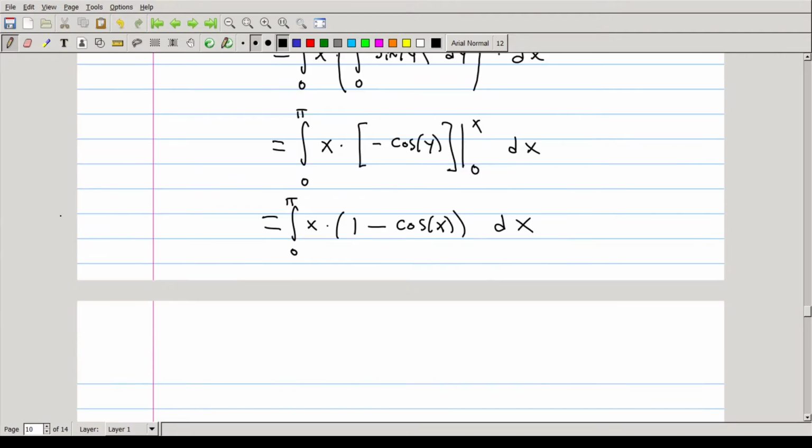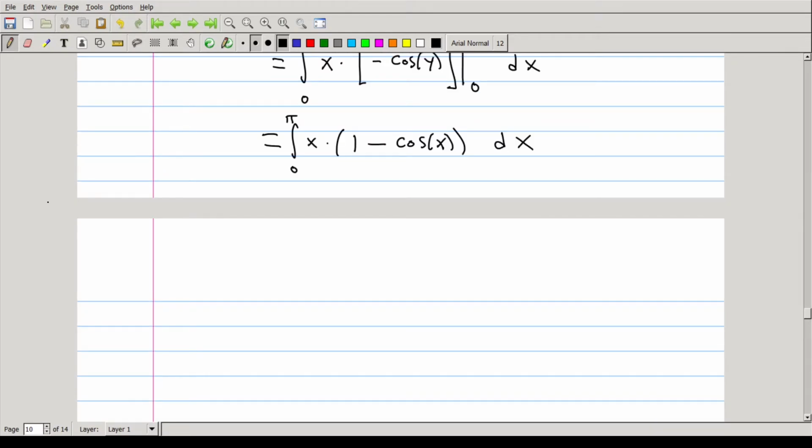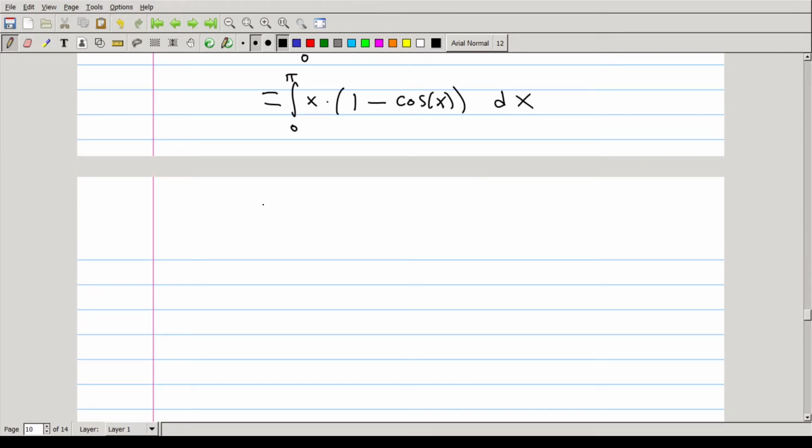And then this is going to split into two separate integrals. The integral from 0 to pi of x dx minus the integral from 0 to pi of x times cosine of x dx.